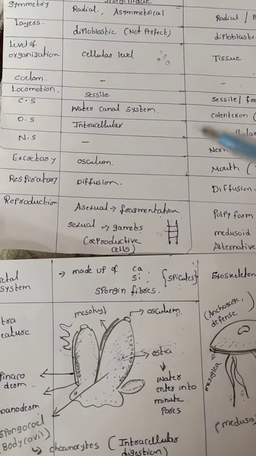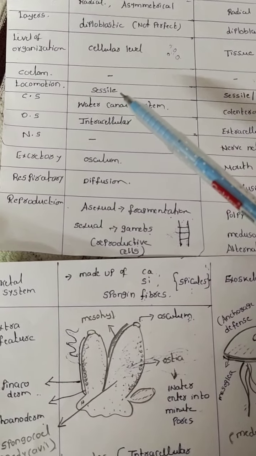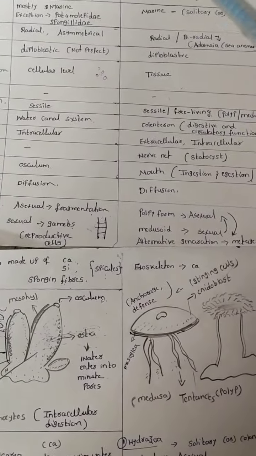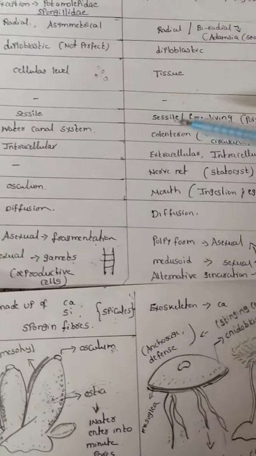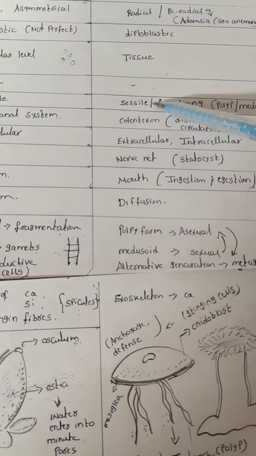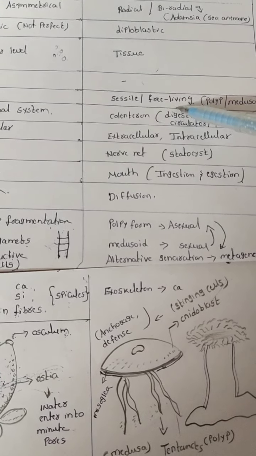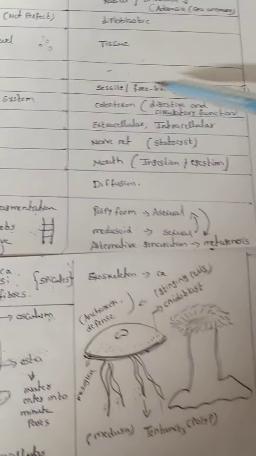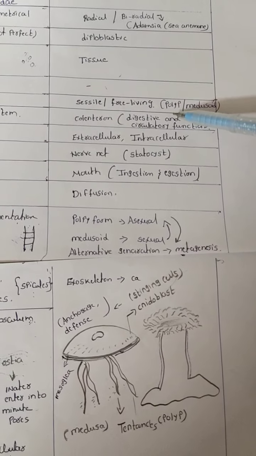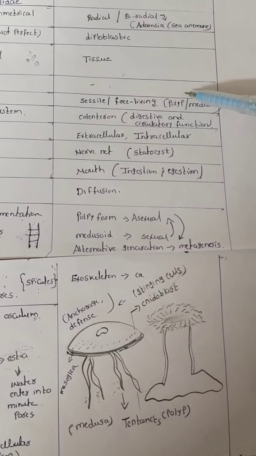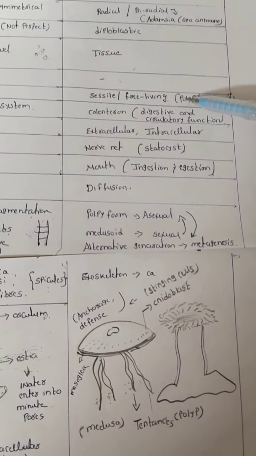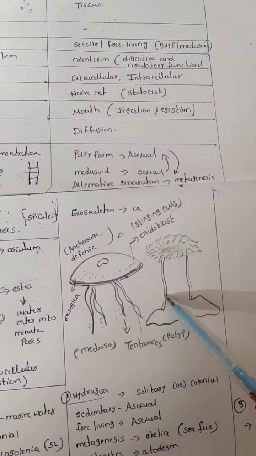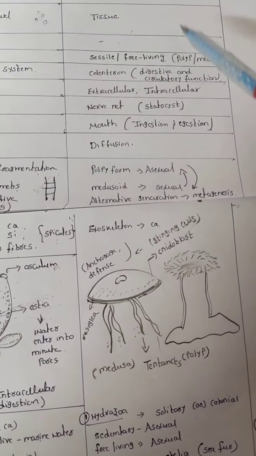And then see here, locomotion. Some are what nature here? Sessile. It means they are not able to move, attached to the substratum. Here some are sessile and some are free living. Which organism is sessile in nature? That is the polyp form. If the organism has a tubular shape, that form is called a polyp form.